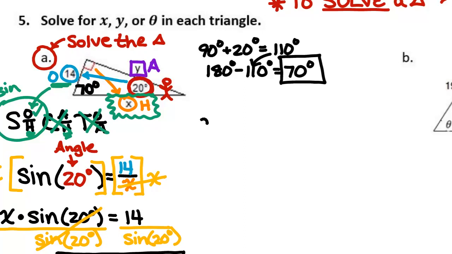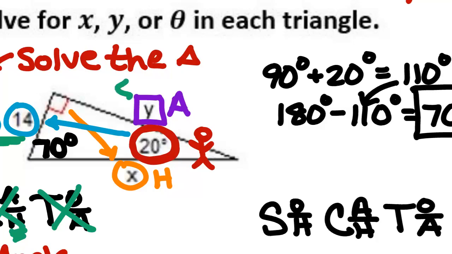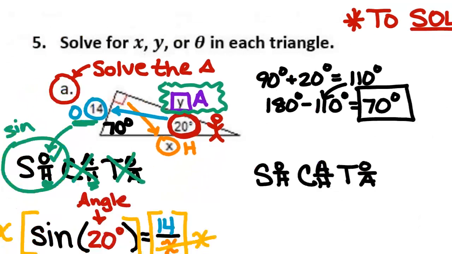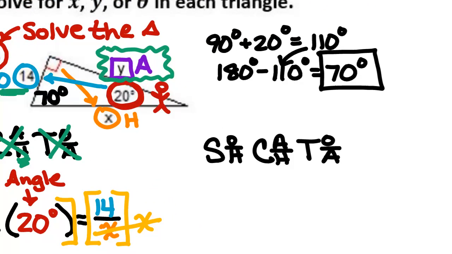All right, to find y, we got to bust out SOHCAHTOA again. I'm not interested in finding x anymore. I want to find y. So which function could I not use if I'm trying to find y?